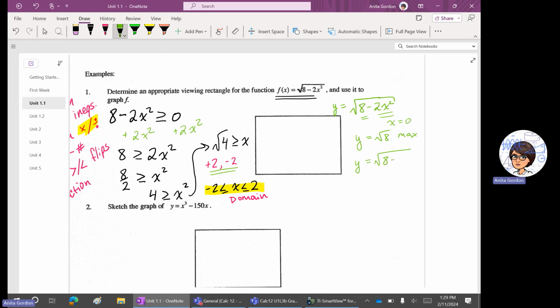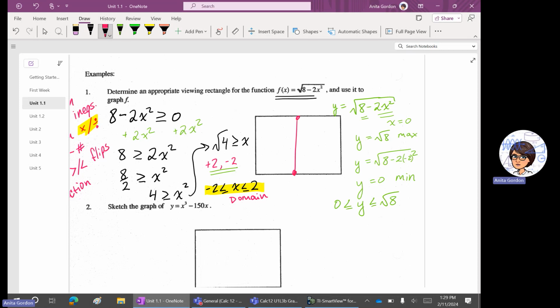Because then we have 8 minus 2 times -2 squared, or +2 squared. It's going to give us the same answer. And this is going to give us that y equals 0. And this is going to be our minimum. So y is between √8 and 0.